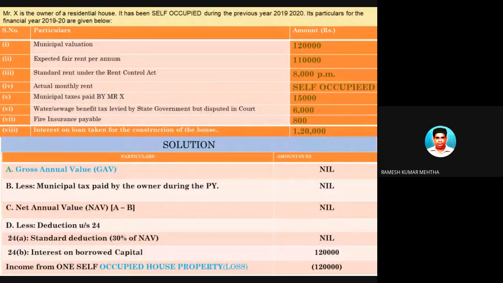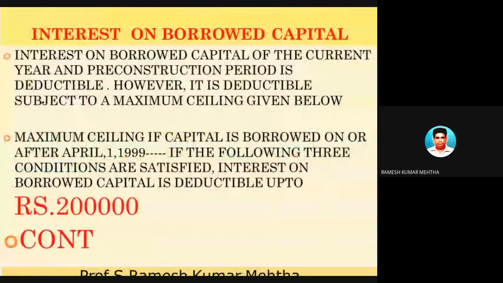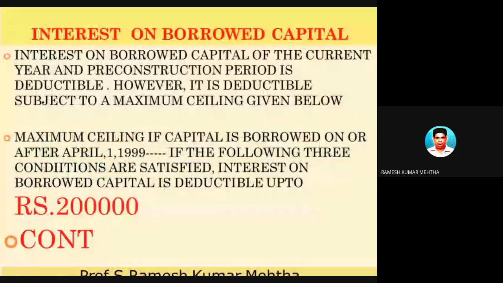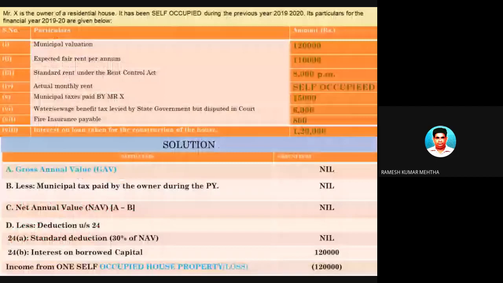Let's take a small problem and understand the steps one by one. We have a numerical problem for this kind of situation. The problem is: the municipal valuation of the house property is 1,20,000.